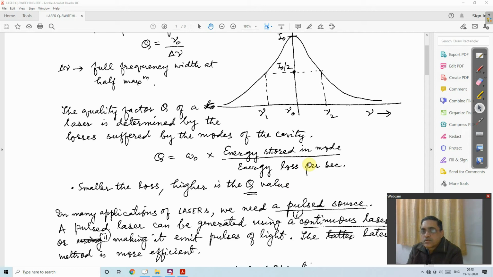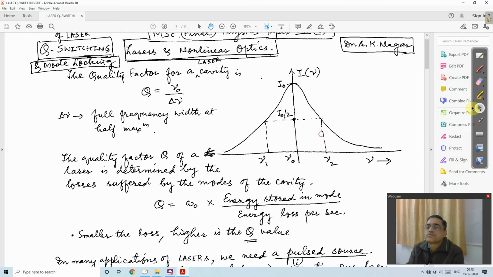That is, if I make it sharp, Q must increase.